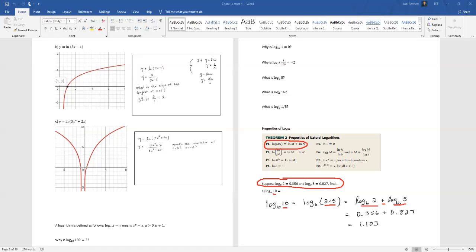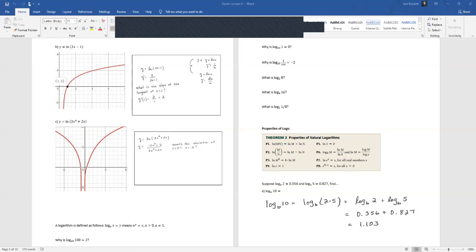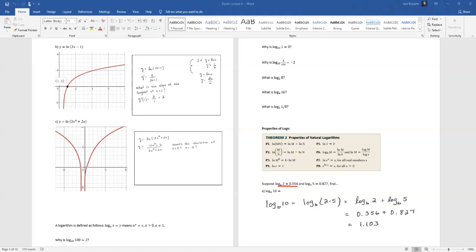So the log base b of 10 is actually log base b of 2 plus log base b of 5. And luckily, we know that log base b of 2 is 0.356, and we know that log base b of 5 is 0.827. And then we can just add those two together, and there is the result.